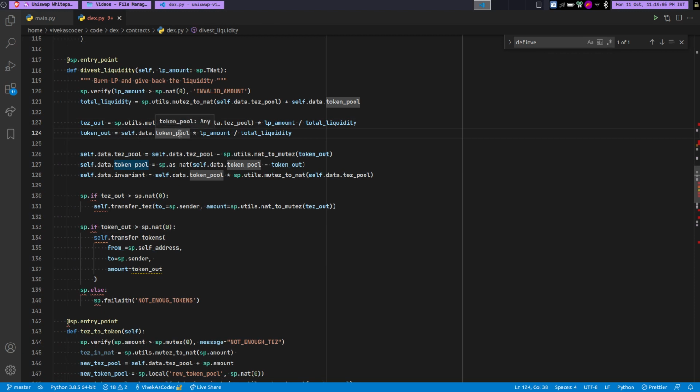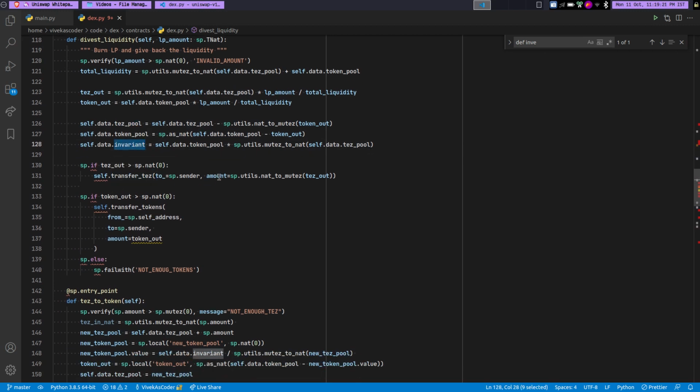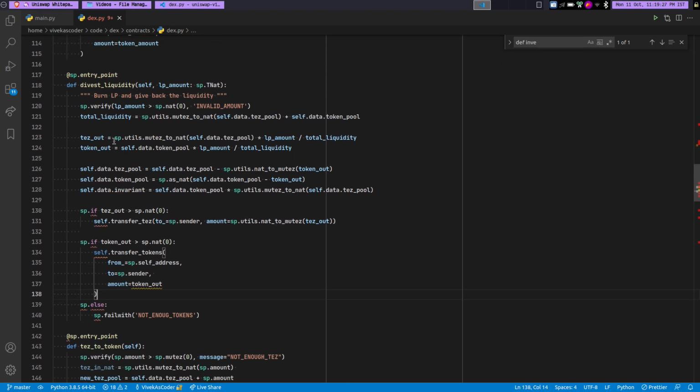It is also getting calculated in the same manner. So you can see self.data.token pool multiplied by the LP amount, which is just the amount that you want to burn, divided by the total liquidity. And then we are just updating the rest of the things. So you can see the token pool, the test pool, and the invariant. And then we're just checking if it is greater than 0, then we're actually going to transfer the tokens and the test.